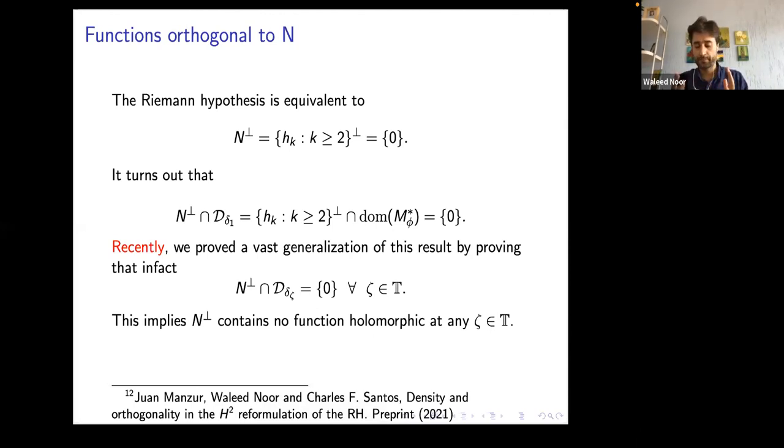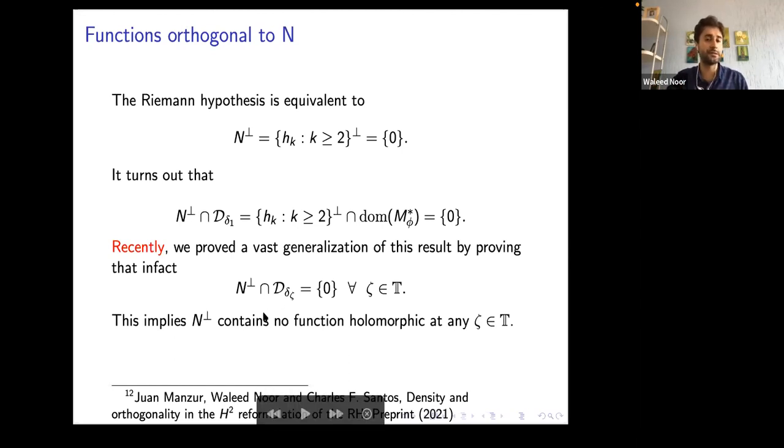To explain what this really means, remember, the local Dirichlet space functions are functions which behave well at the point zeta. So D_zeta consists of all the holomorphic functions in the Hardy space that behave well at the boundary point zeta. So when you say it doesn't intersect with any, it means that if there is a function in N perp which would contradict the Riemann hypothesis, it must behave very exotically or very poorly at the boundary.